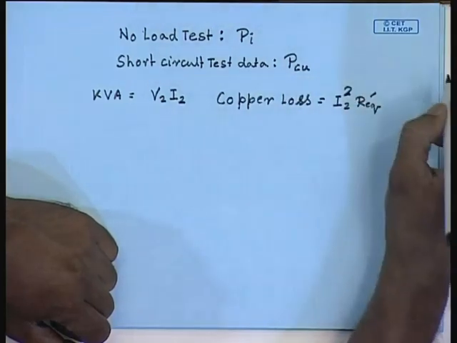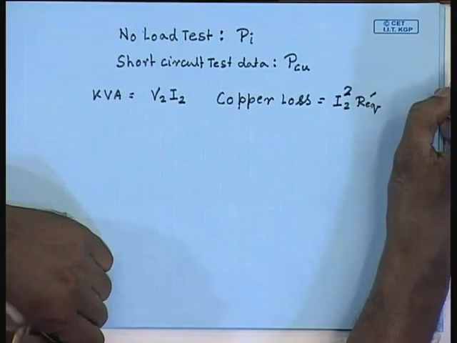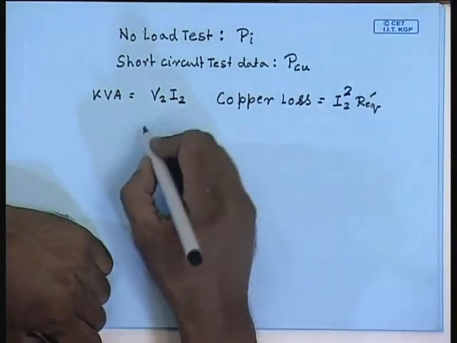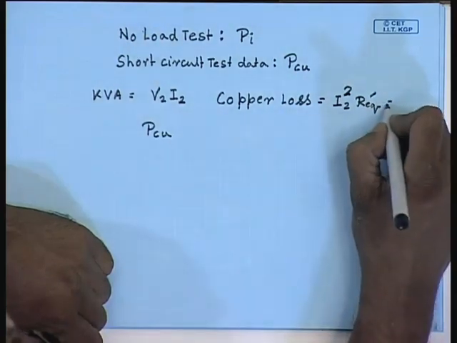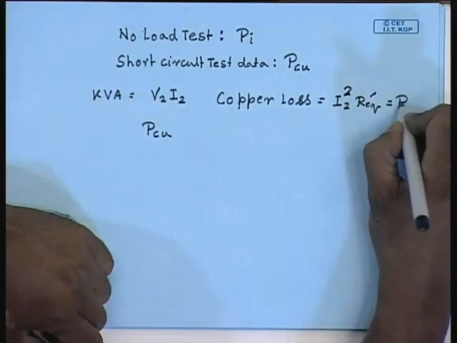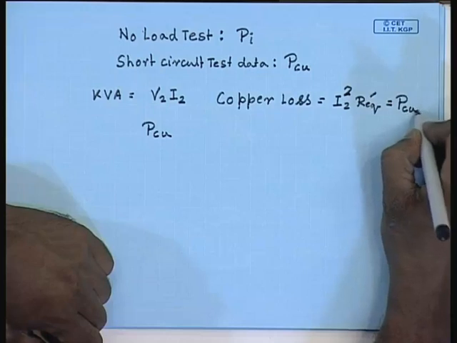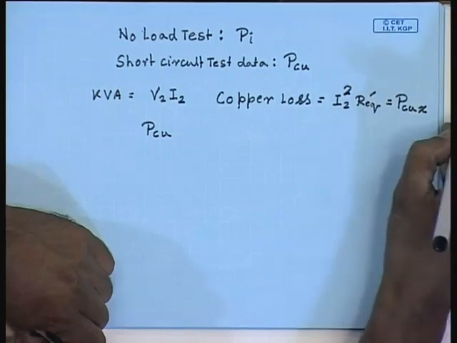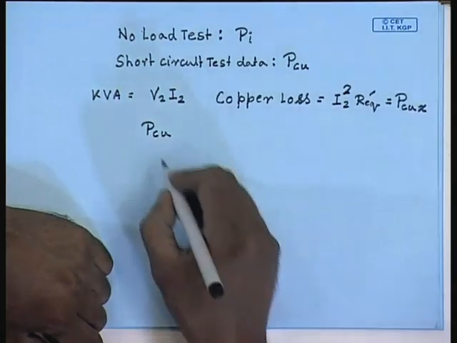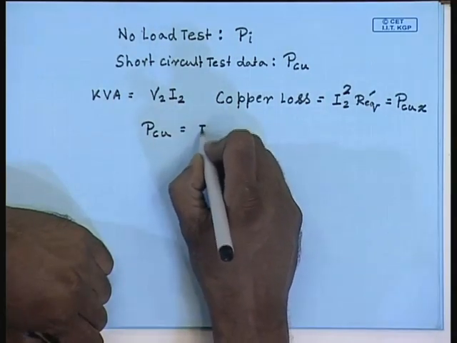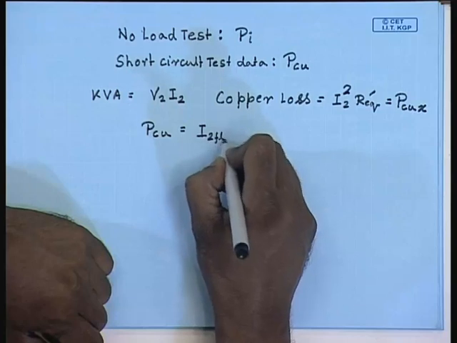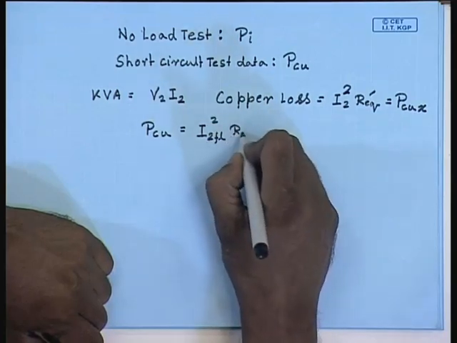The full load copper loss, as obtained from the short circuit test, is PCU. Let us say this is at x fraction of load, PCU at full load is equal to I2 full load square Req dash.